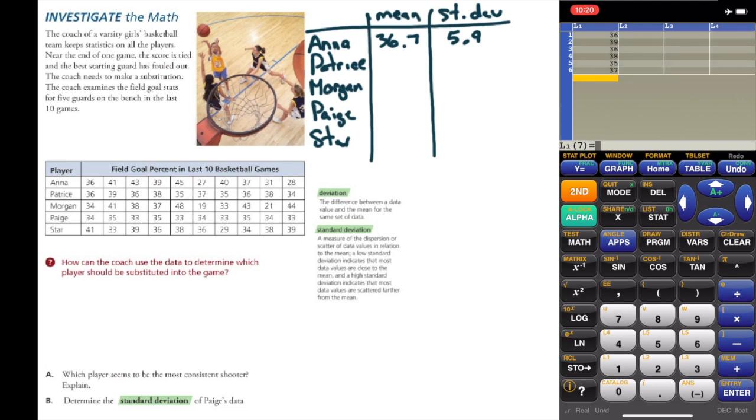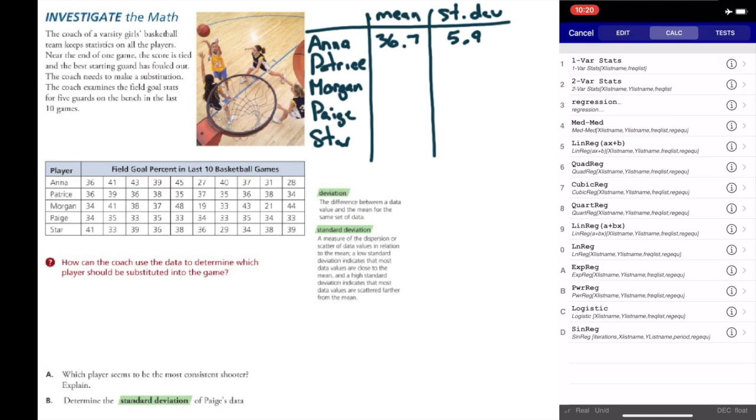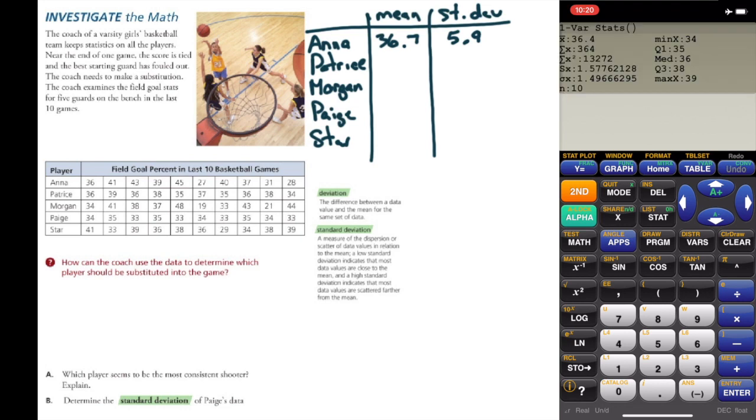If you find a mistake before you actually get out of a line, you can just press clear and get rid of the whole thing. Quit out, Stat, Calculate, option 1. And Patrice has a mean of 36.4, standard deviation of only 1.5. So on average, very slightly less, but also much less spread than Anna.